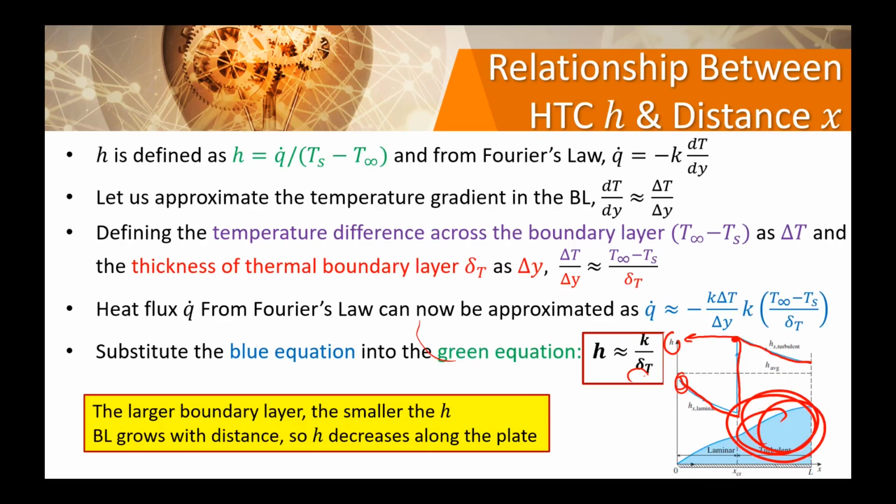The wake gives friction to the flow, induces the drag force and slows down the object. So you see here, the larger the boundary layer, the smaller the value of H. If you have a smaller value of H, you will have poor heat transfer. If you have a higher H value, you will have good heat transfer. So that's why turbulence is preferred. It has higher H values.